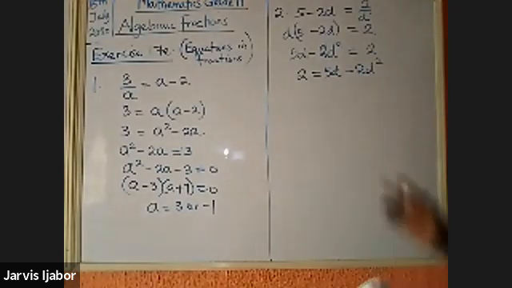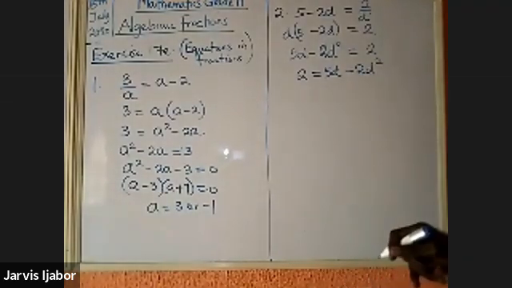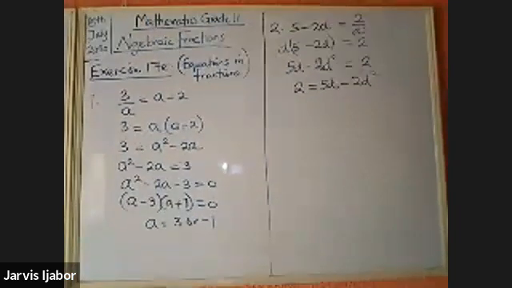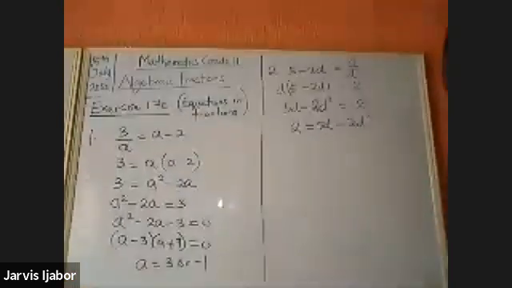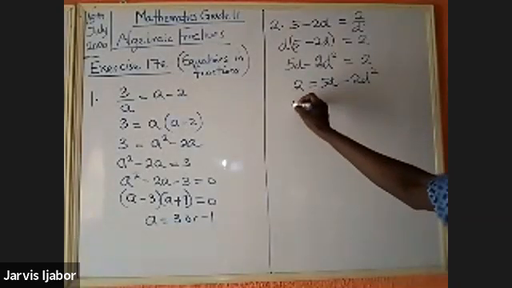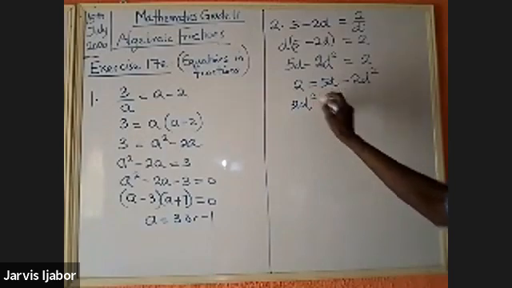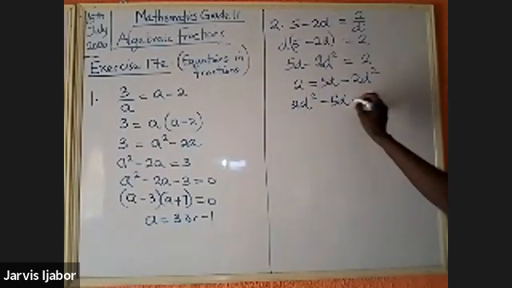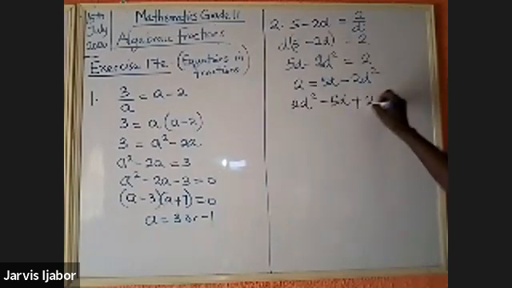Now, I will move and place in their correct position. So that will be 2d squared minus 5d plus 2, this one that was on this side, equal to 0.